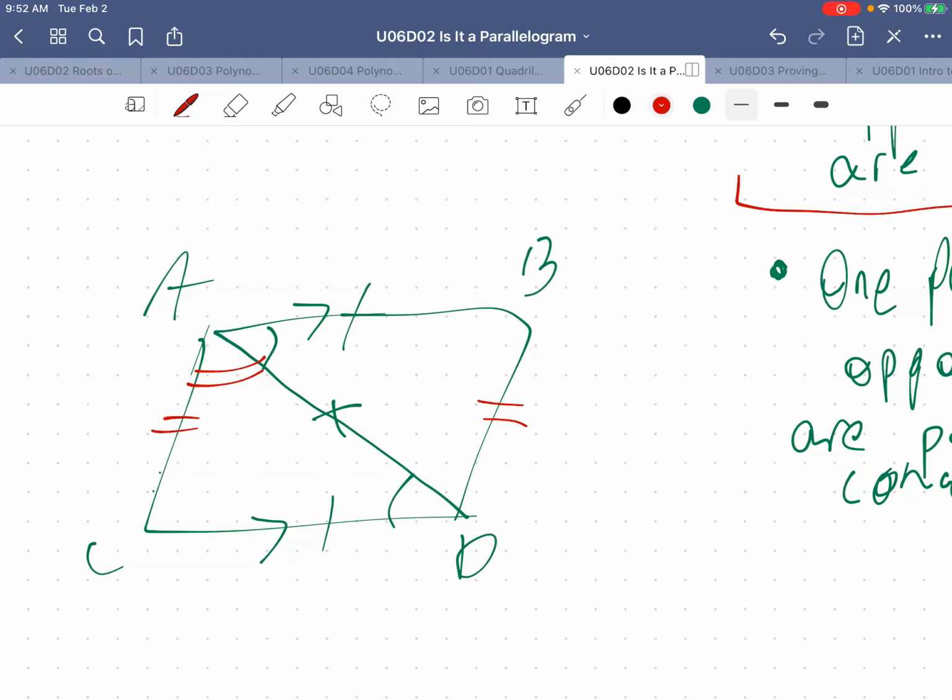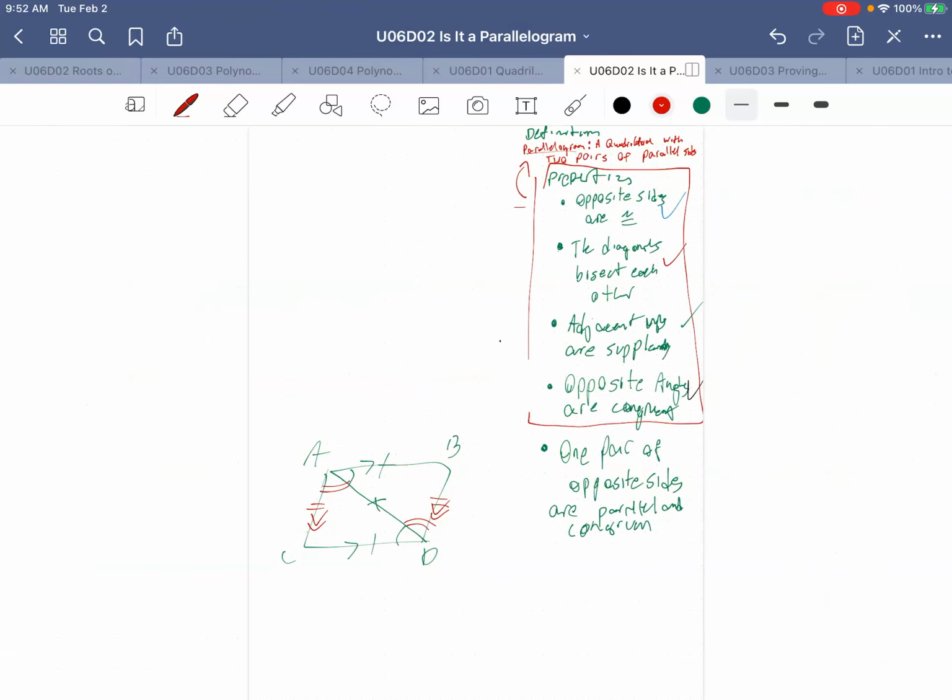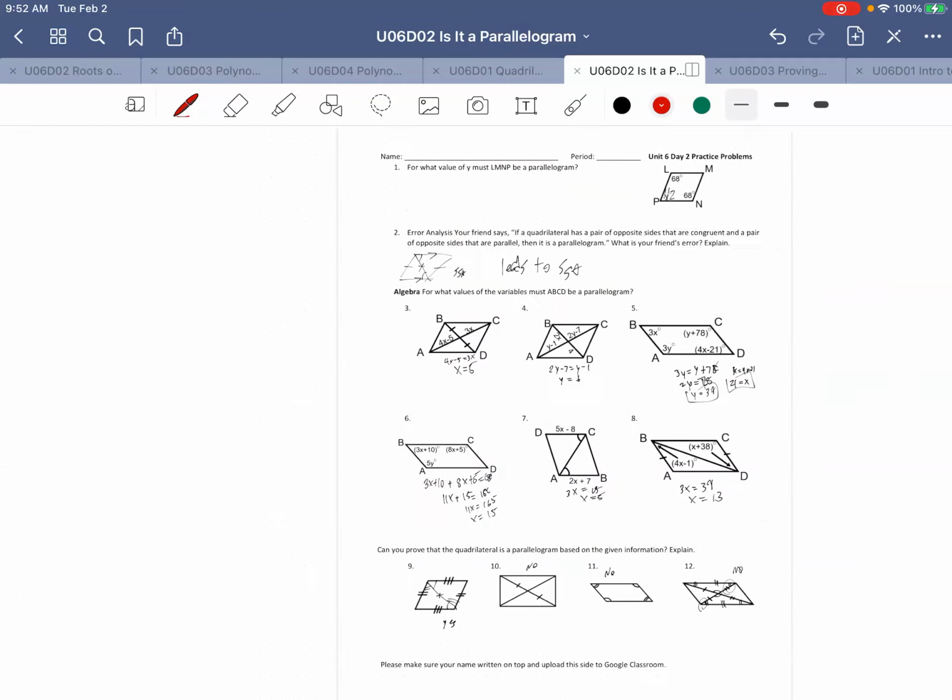And this angle is congruent as well by CPCTC, which proves that this and this are parallel. So with all 5 of these properties of a parallelogram, you can be guaranteed that a quadrilateral is a parallelogram.